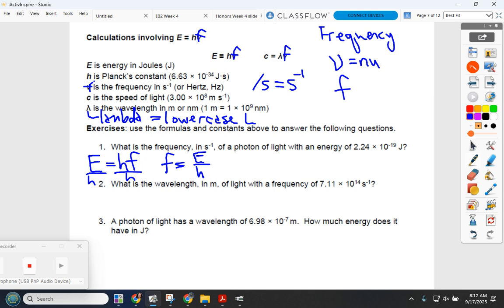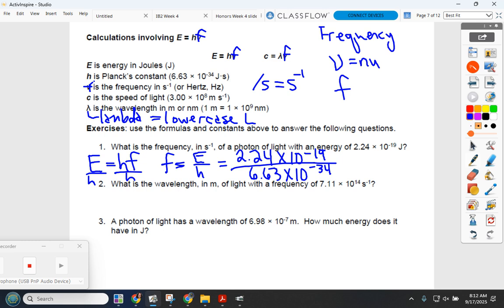So my frequency is going to be equal to the energy divided by Planck's constant. So that's going to be 2.24 times 10 to the negative 19th power divided by Planck's constant, which is 6.63 times 10 to the negative 34th power.